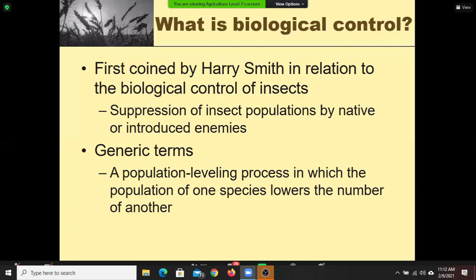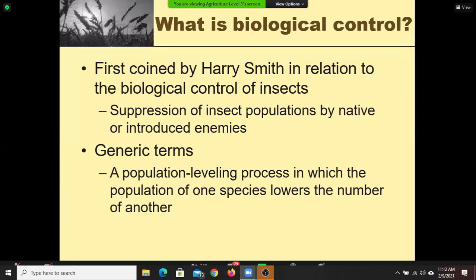Okay. Actually, this is a population leveling process in which the population of one organism lowers the population of another organism. So this is called biocontrol. For example, in the kingdom of microorganisms, there are some microorganisms that are beneficial, and there are some that are harmful.